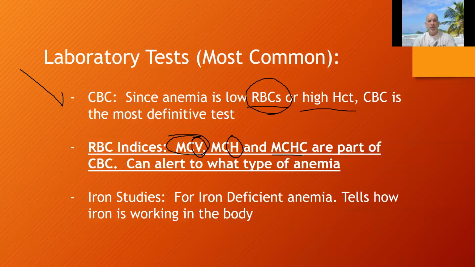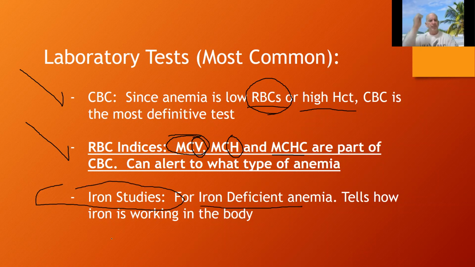This one is used for a couple things, but we don't look at that a whole lot. And I will show you how each of these relates to each of the different types of anemia. Iron study, if somebody has iron deficient anemia, of course, you're going to do an iron test. Pretty black and white there.